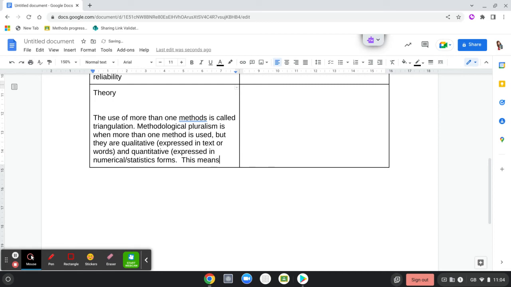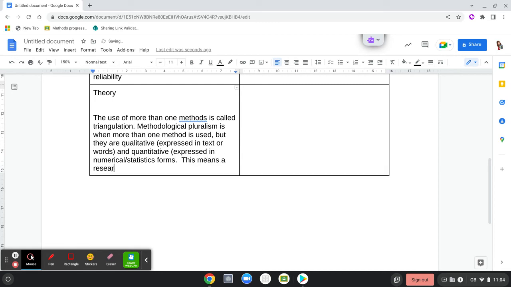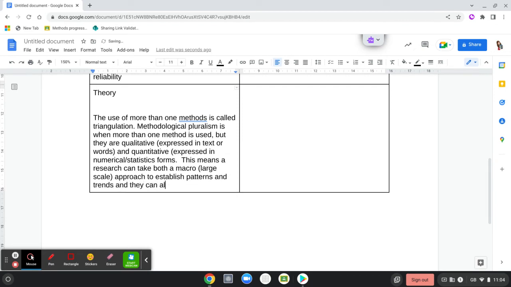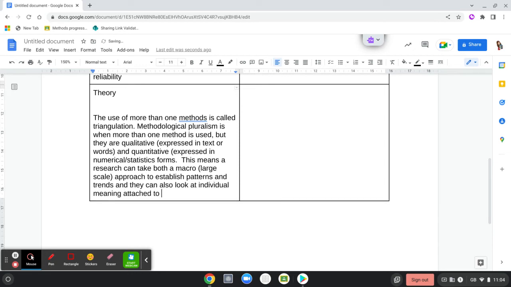This means a researcher can take both a macro, large scale approach to establish patterns and trends, and they can also look at individual meaning attached to actions.